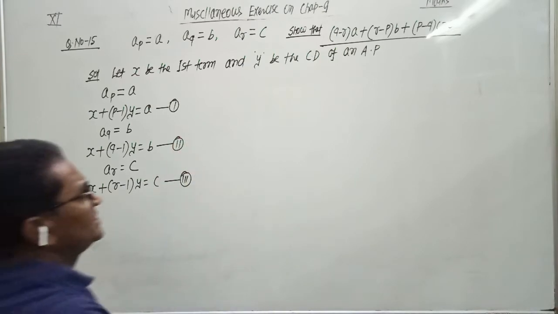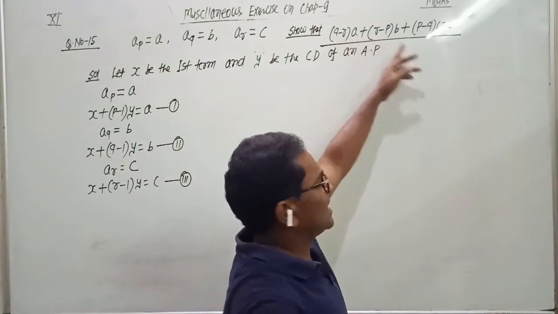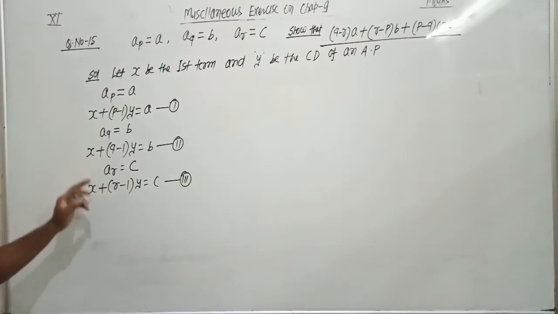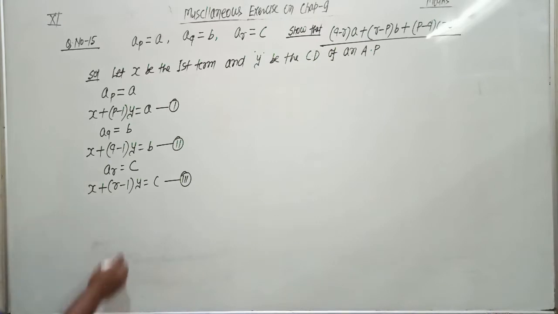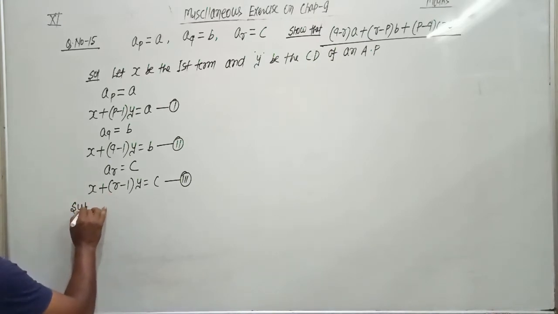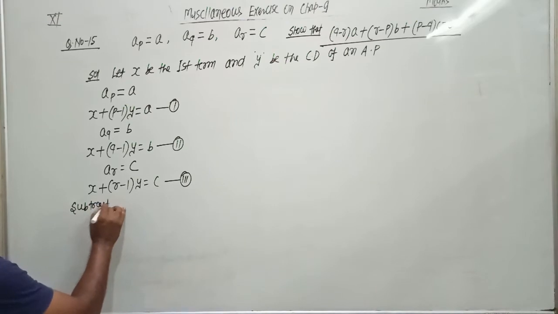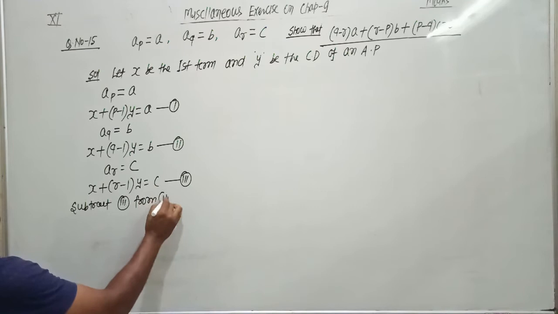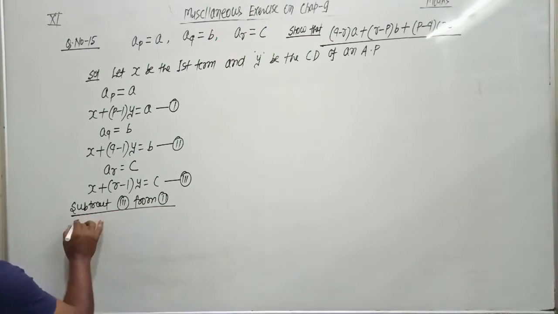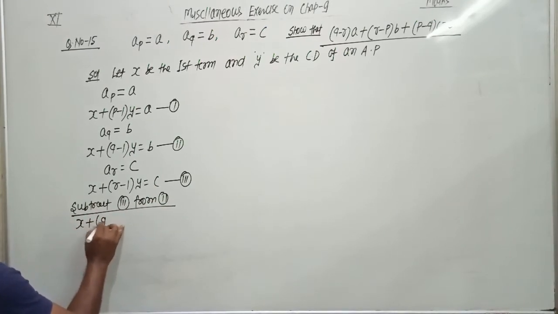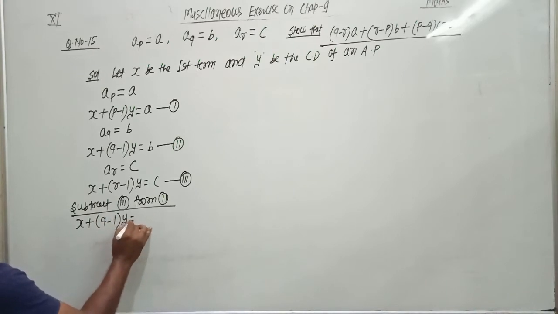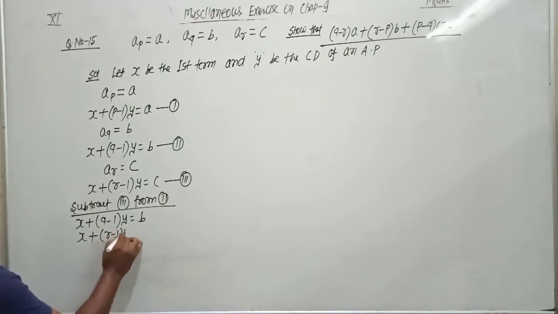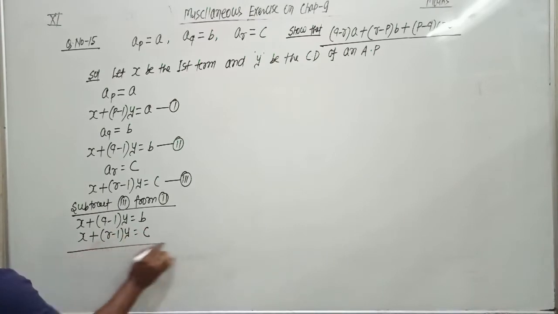Now we find q minus r, r minus p and p minus q. So q minus r is found by subtracting the third equation from the second. So x plus (q minus 1) into y equals b, and x plus (r minus 1) into y equals c.